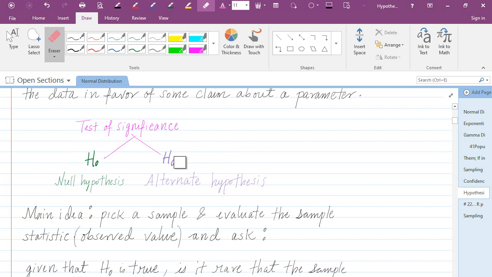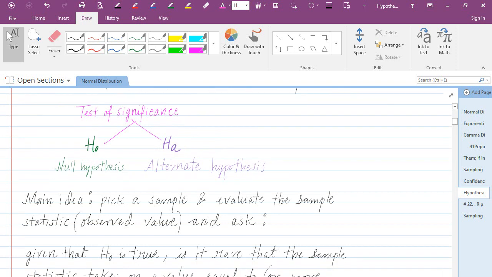So in a test of significance, you have two hypotheses: the null hypothesis and the alternative hypothesis. These hypotheses are statements about a certain variable and a certain associated population parameter.